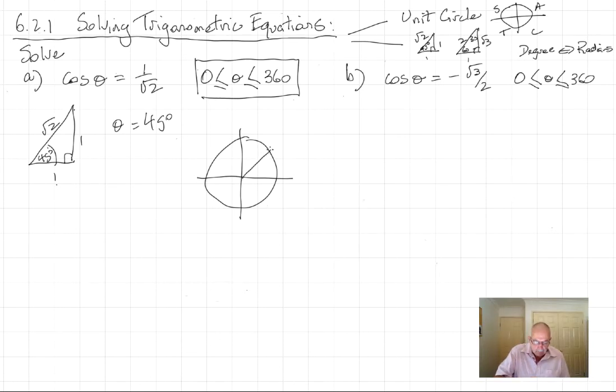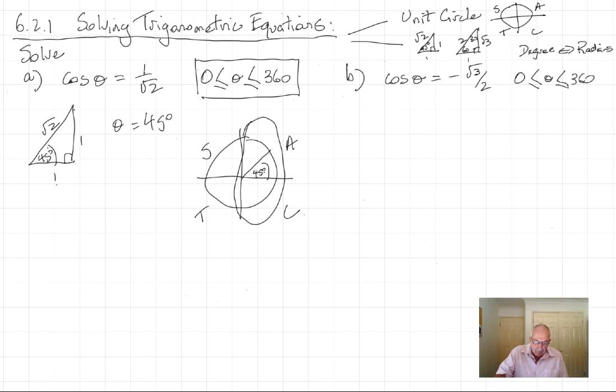We've already established that the cos of 45 is 1 on root 2. This is what we call the basic angle. We do our All Stations To Central, so we've got these 2 quadrants here where cos is positive. So we're going to get 2 answers.